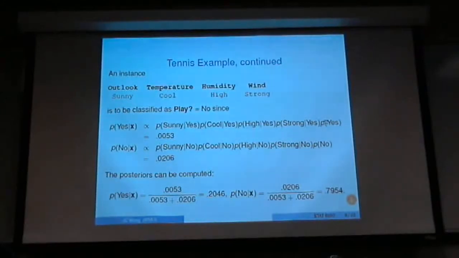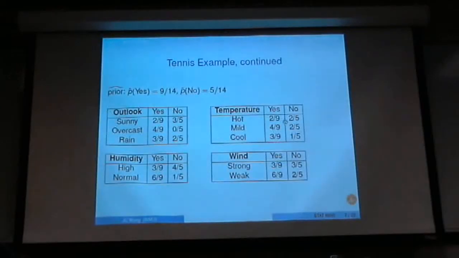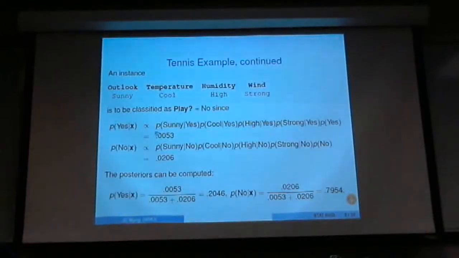Looking at the previous page, all the ingredients are here: we have the prior probabilities and the data conditioned on the classes. So now we can calculate this.